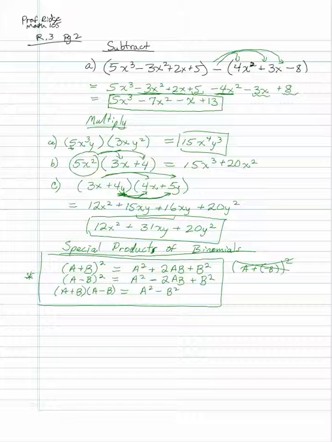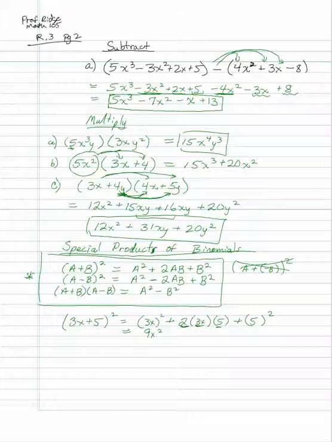So if I do, say, 3x plus 5 squared, I can square the 3x on the fly: 2 times 3x times 5 plus 5 squared. And I wouldn't write that down, I just write the answer as I go. So 3x times 3x is 9x squared. And I do the numbers, 2 times 3 times 5, in whatever order you want. 3 times 5 is 15, times 2 is 30.